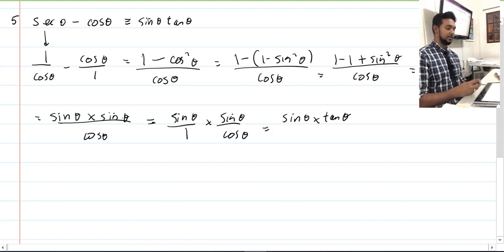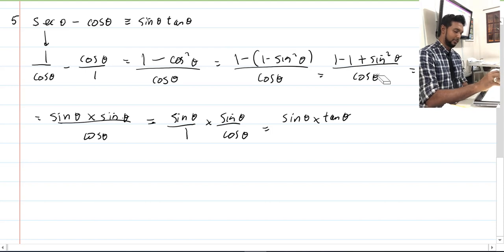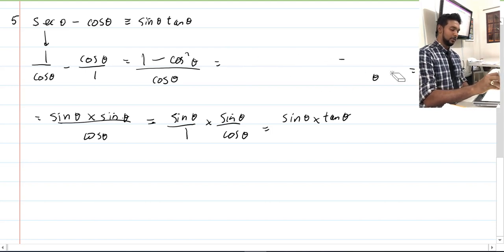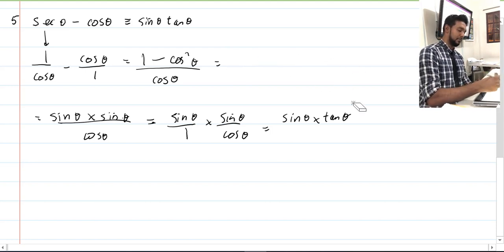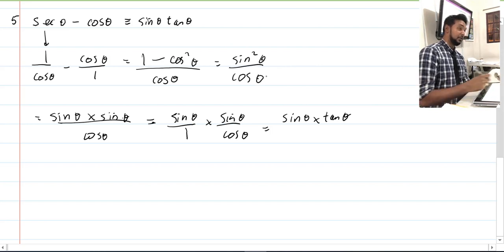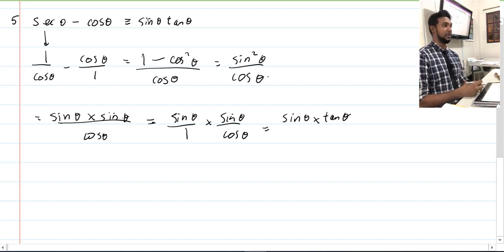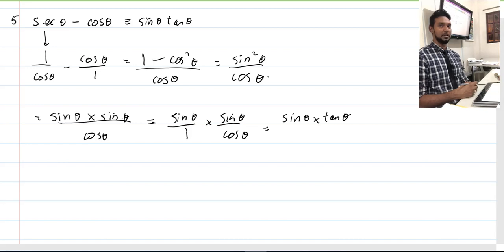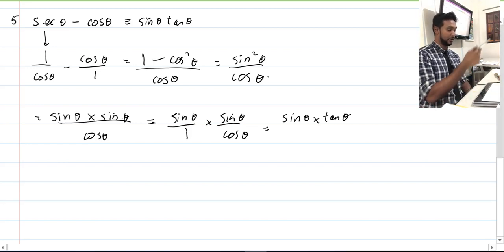I didn't have to do all that. Yeah, 1 minus cos squared is just sine squared. Yeah, that would be way more efficient. So you see, even when you're doing this for years now, you can miss out something or take extra steps where extra steps are not necessary. But yeah, good pickup.